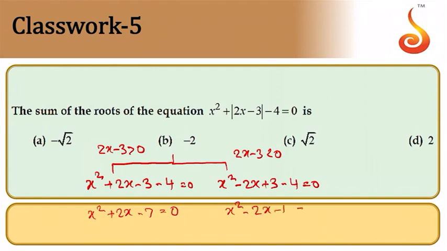From this we get x square plus 2x minus 7 equal to 0. In this case we get x square minus 2x minus 1 equal to 0. So two quadratic equations we get. So x square plus 2x minus 7, please write down, then we'll move further.